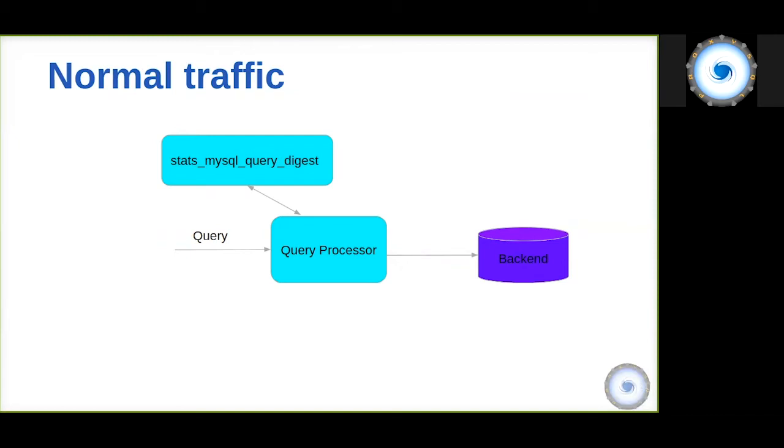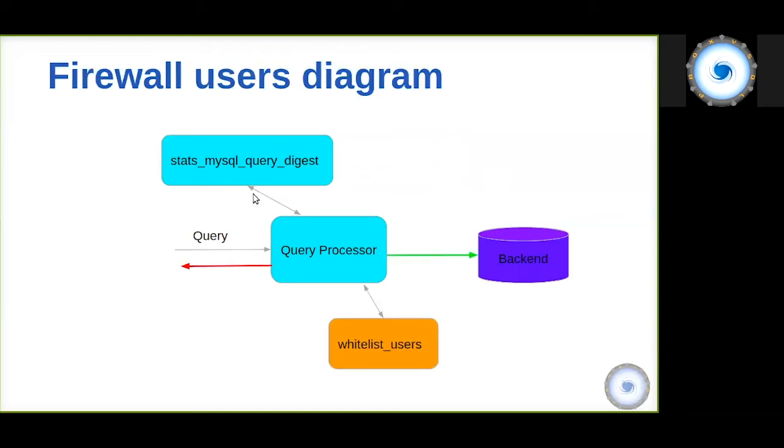Now, once we have the firewall implemented, the query processor will also query the whitelist user table to know what to do with the query executed by the user. Either allow it, so it is executed on the backend, or reject it, so the client will receive an error.